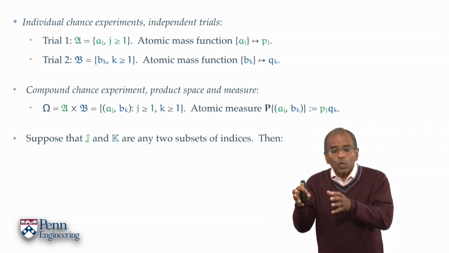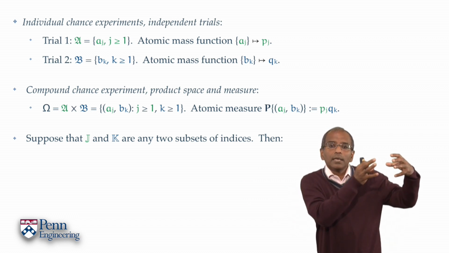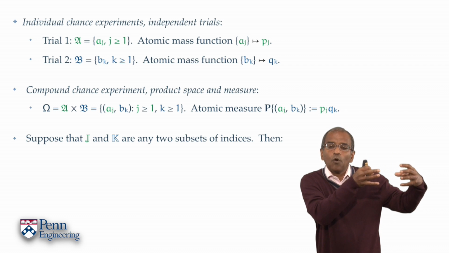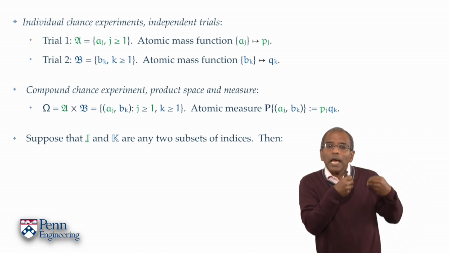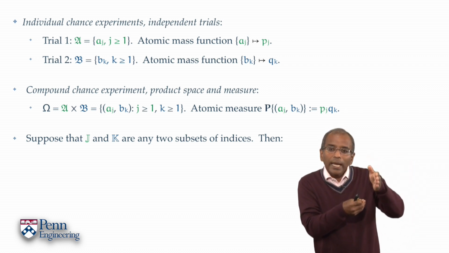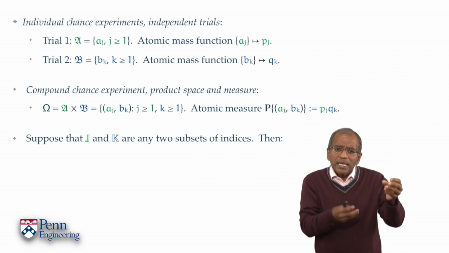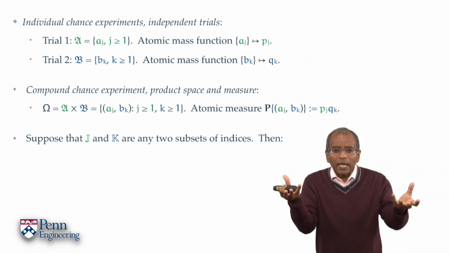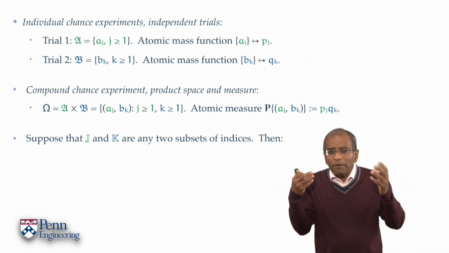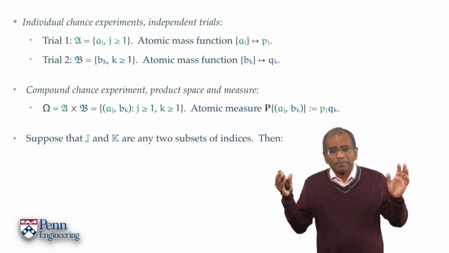Likewise, we set up a system of possibilities for the second trial. Blackboard K represents a collection of outcomes, results of trial 2. Again, these collections, J and K, could be finite or even countably infinite.